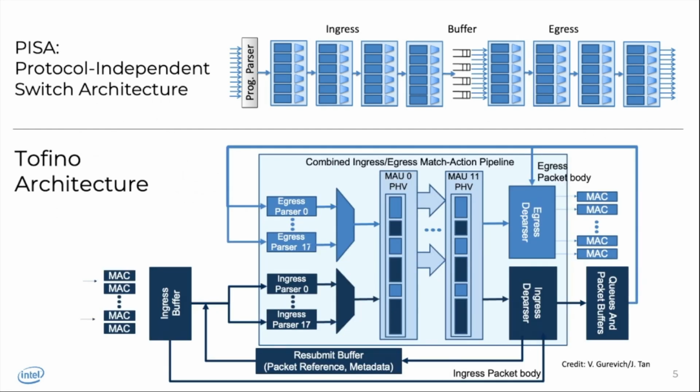And that maps onto the Tofino architecture as follows. On the lower left side here, we've got the MACs and some ingress buffering. The ingress buffering feeds into a series of ingress parsers, which corresponds to the programmable parser on the top left. That then feeds to a series of match action unit stages.